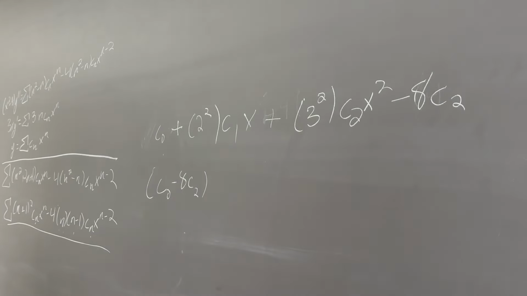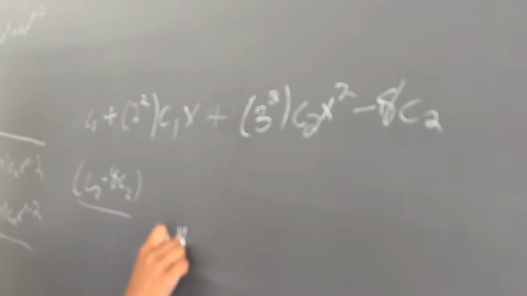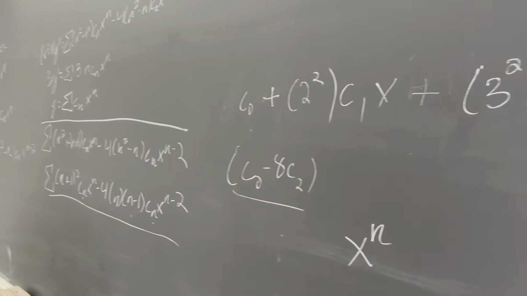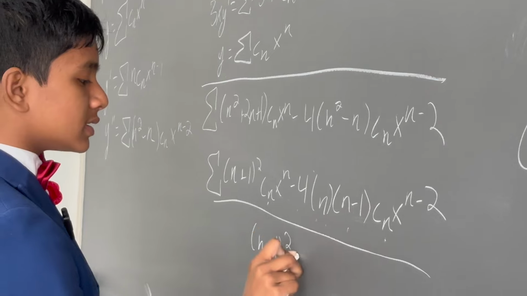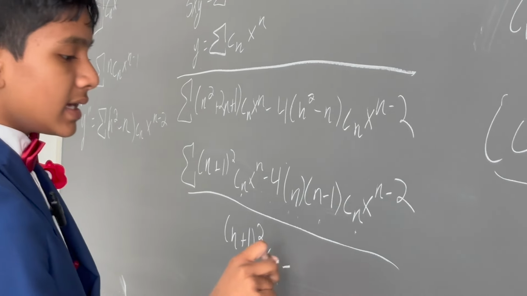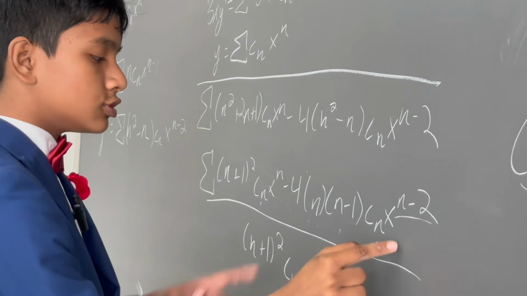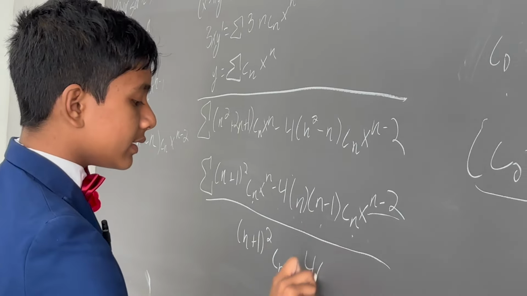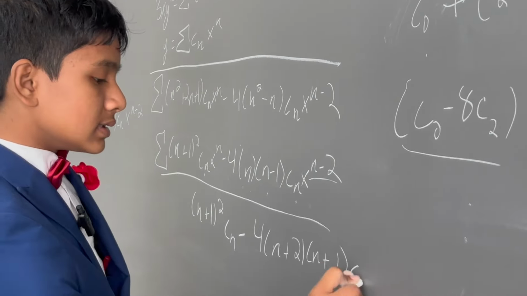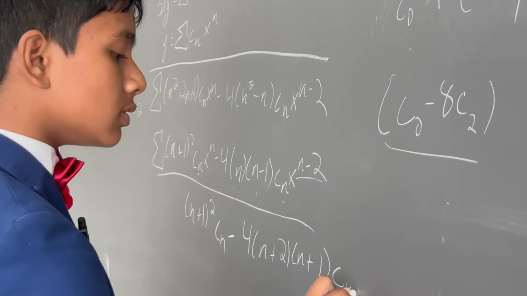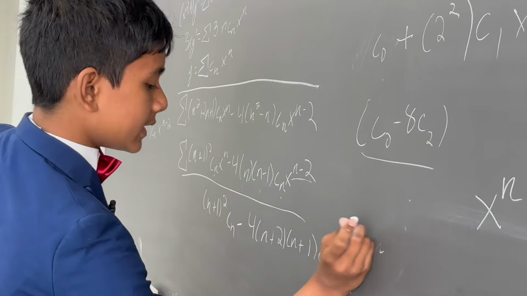So what's the general form of these terms, actually? Well, let's say we want the coefficient for the term x to the n. Well, that's going to be (n+1) squared c_n minus, and now since this one has to catch up, I'm going to have to plug in n plus 2 into this term, minus 4 times (n+2) times (n+1) c_(n+2).